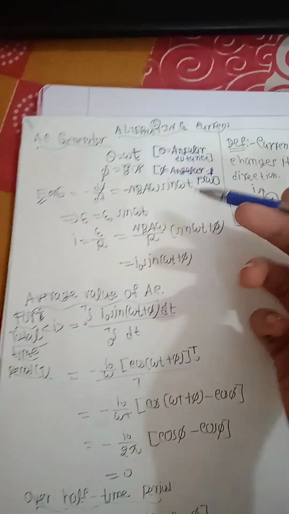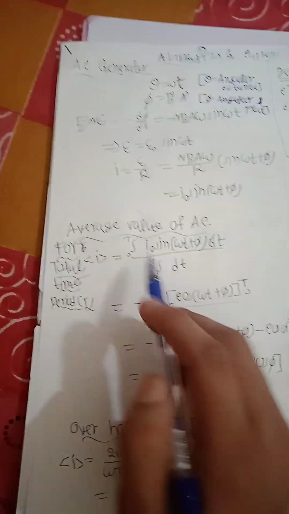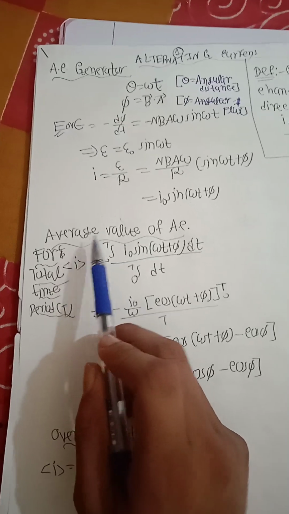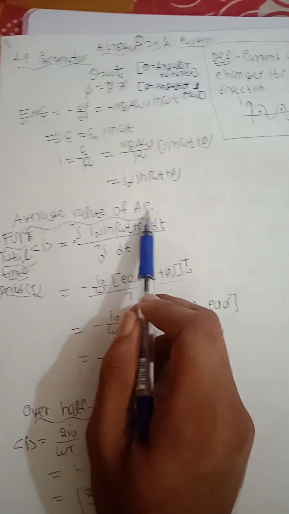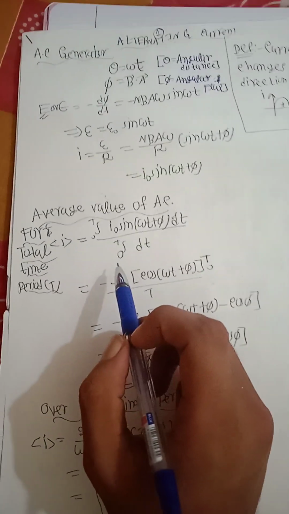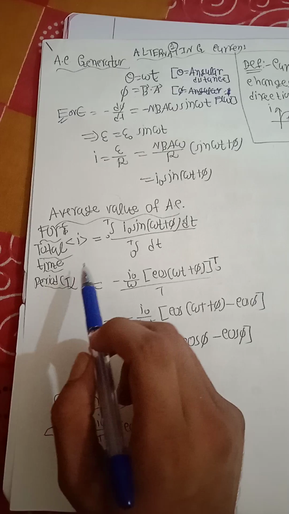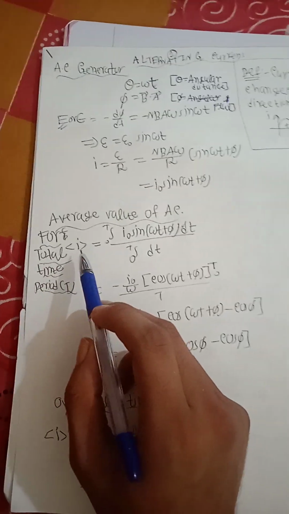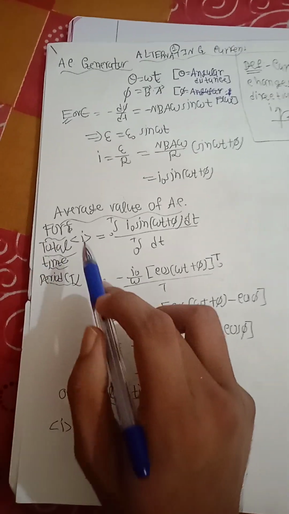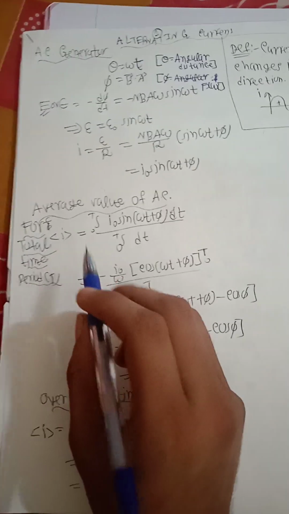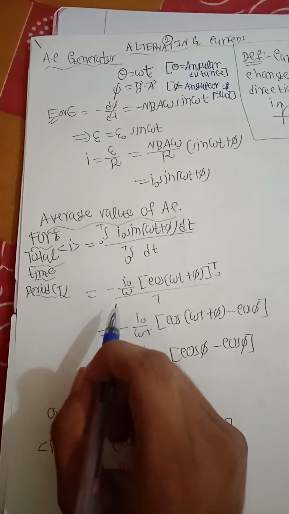Okay, now let's get into another point, which is the average value of alternating current or AC. So for this, let's calculate the current I for the total time period T. How are we going to calculate it? Very simple.